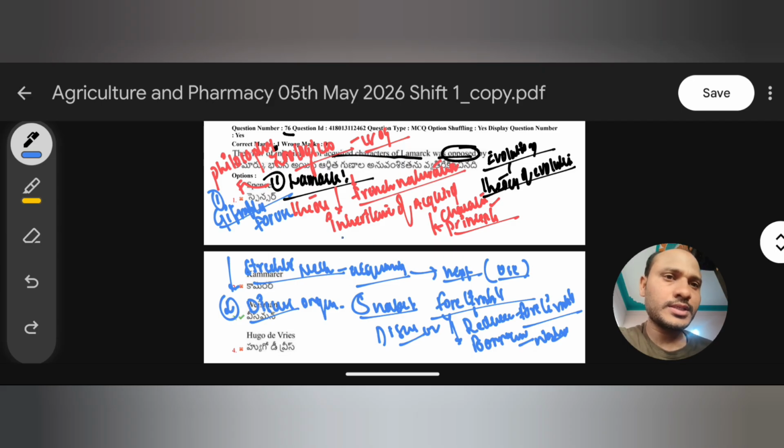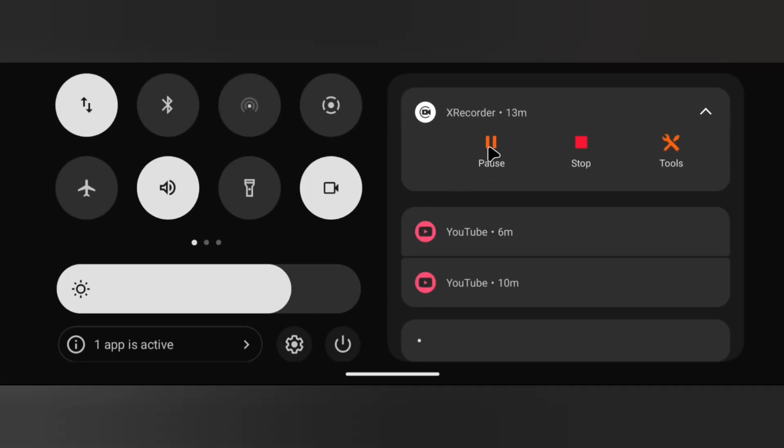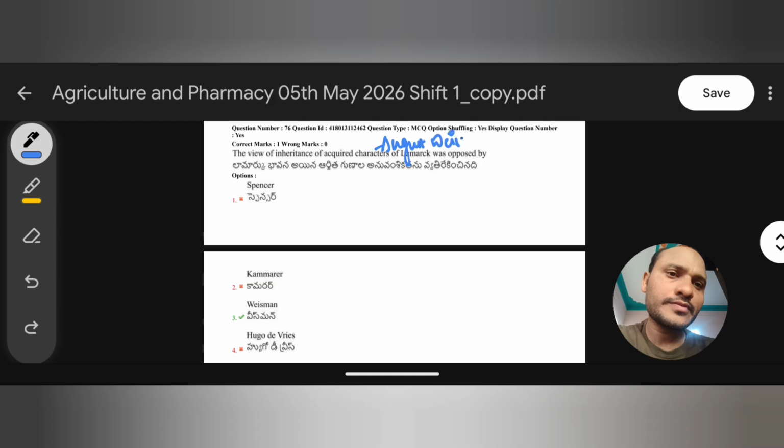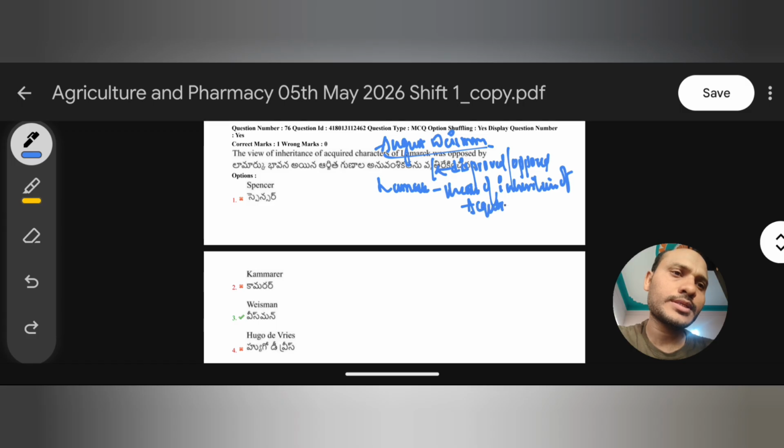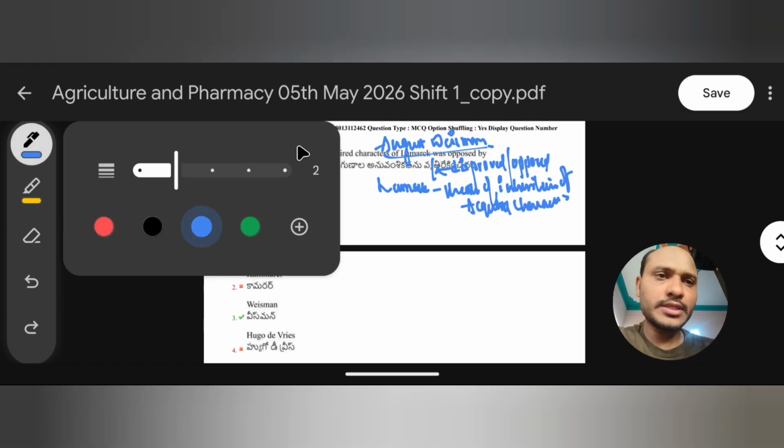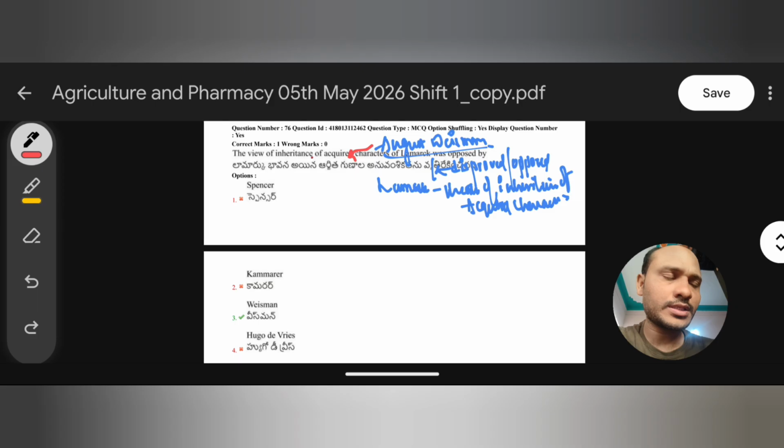And finally this theory, inheritance of acquired characters proposed by Lamarck, was disproved or rejected by a scientist called August Weismann. We will discuss how he disproved it. August Weismann was a German scientist, and he disproved it by his famous experiment.